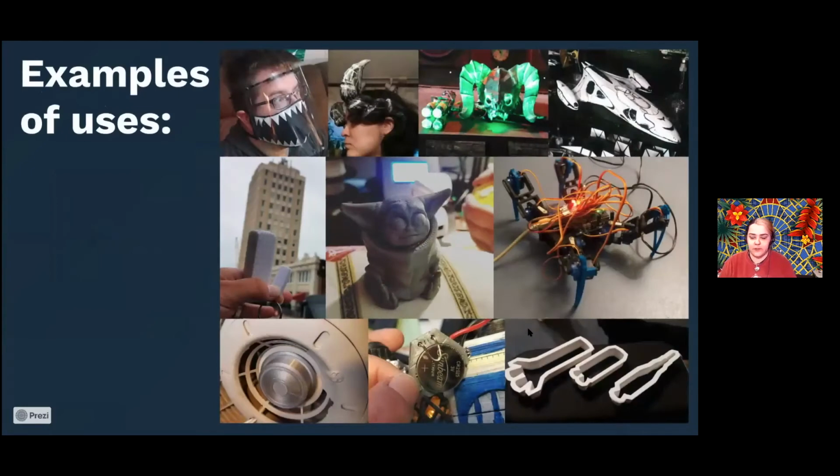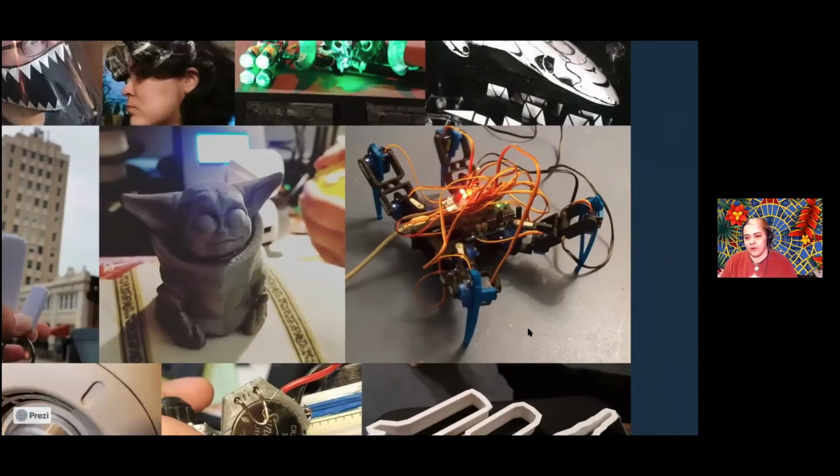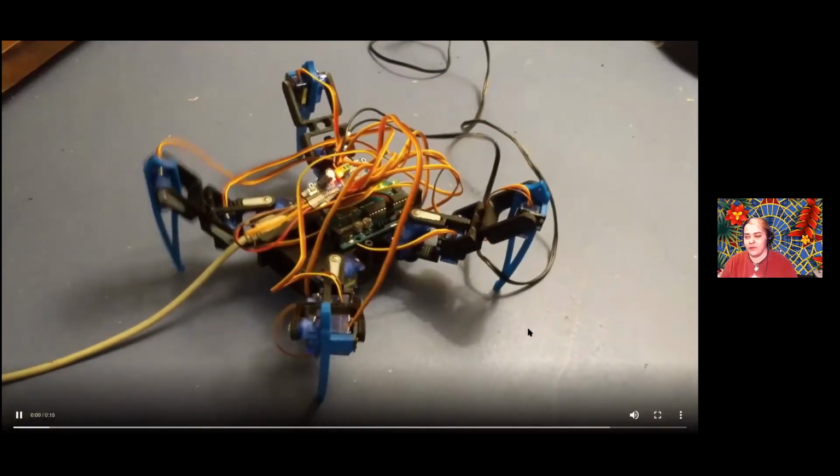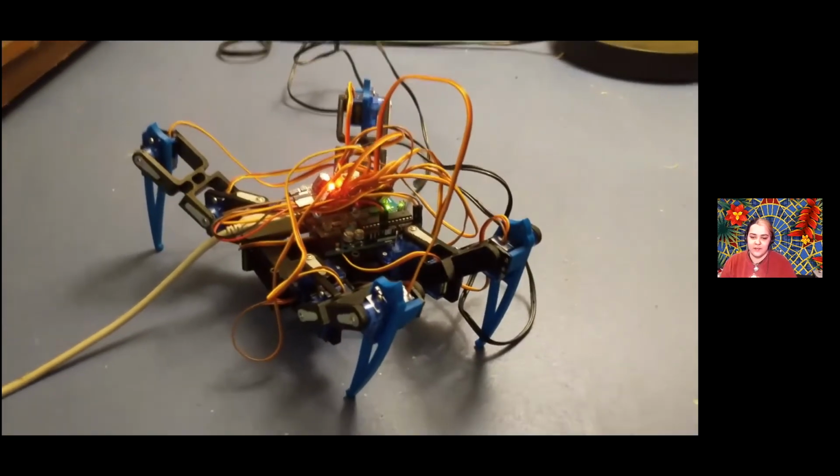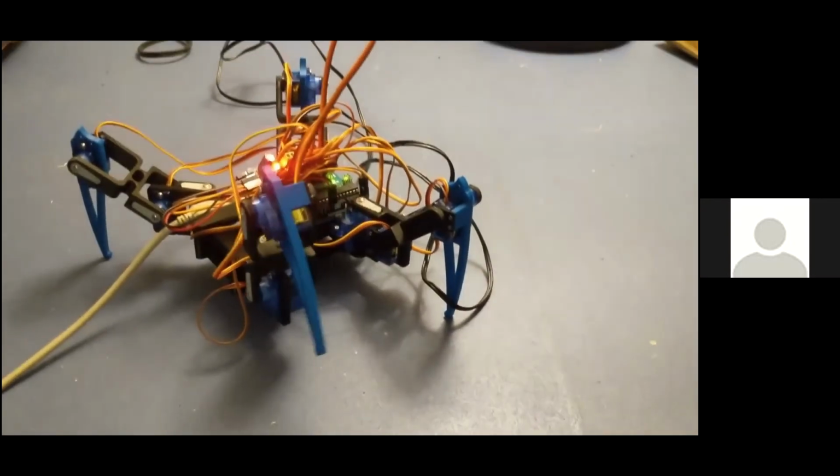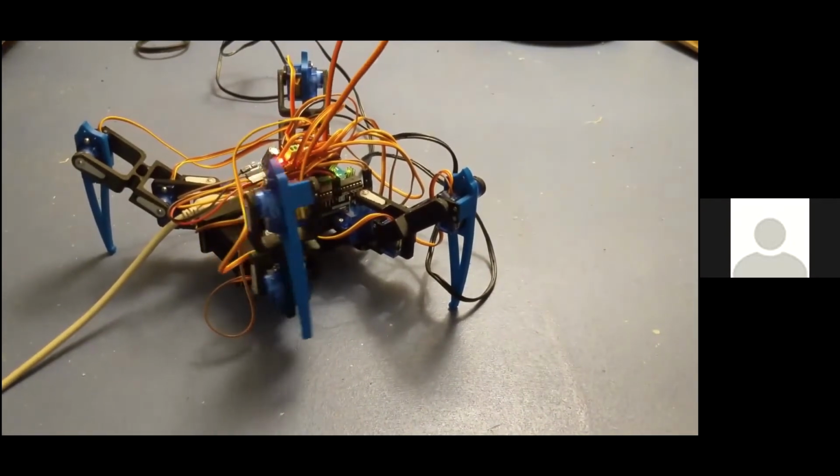Here are a couple of examples of things that we've made. As you can see, I'm big into cosplay and geeky figurines and such. But one of our co-founders, Dan, has put together this robot. You can watch it work a little bit. Dan, if you want to say some words about it. Yeah, all these parts are 3D printed except for the motors and the circuitry.